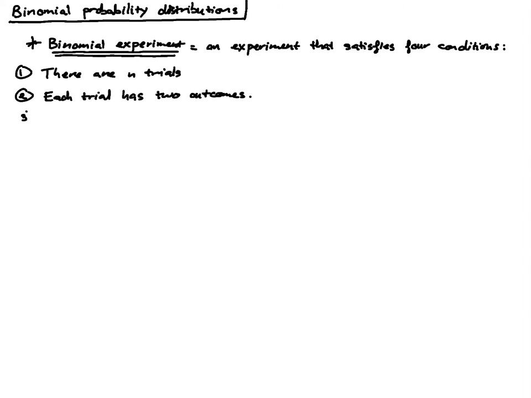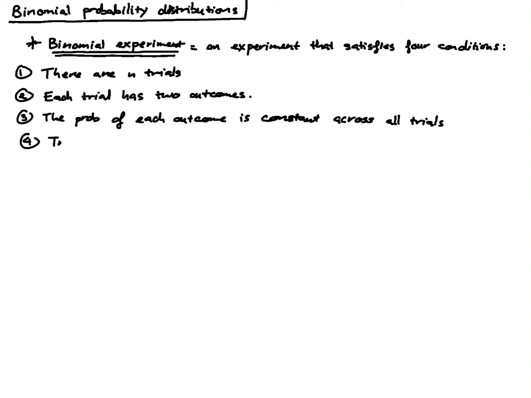Third, the probability of each outcome is constant across all trials. And fourth, the trials are independent.